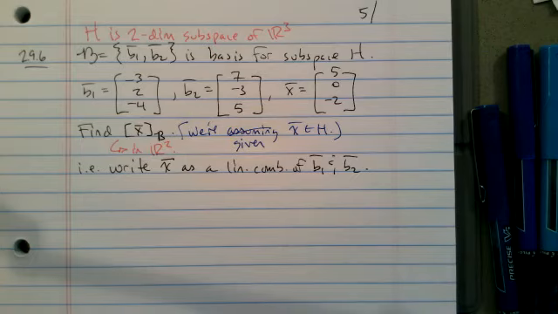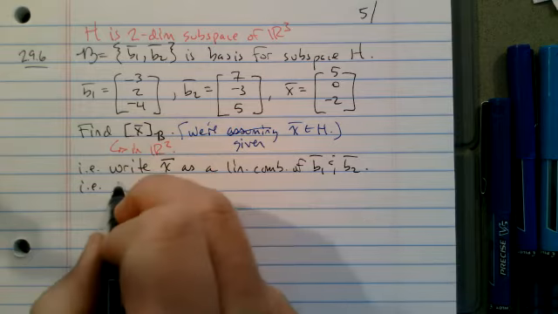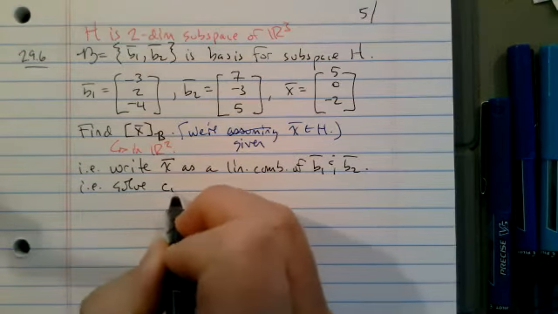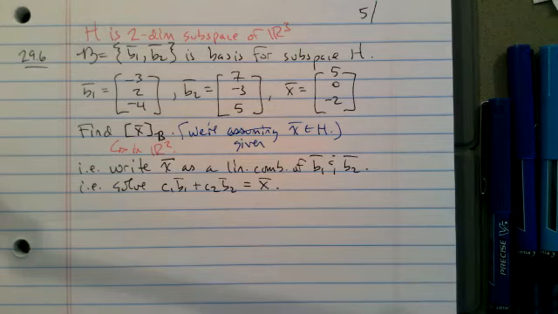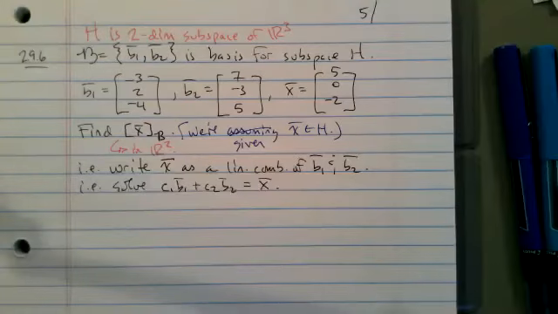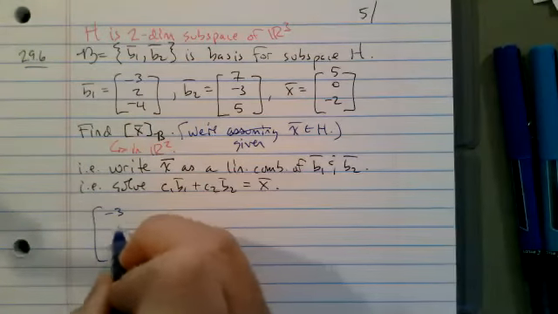So we want to write x as a linear combination of B1 and B2. That is, we want to solve C1 B1 plus C2 B2 equals x. We're trying to solve this equation, and the way we're going to solve it is the same way we solve every equation, with an augmented matrix and the reduced echelon form.